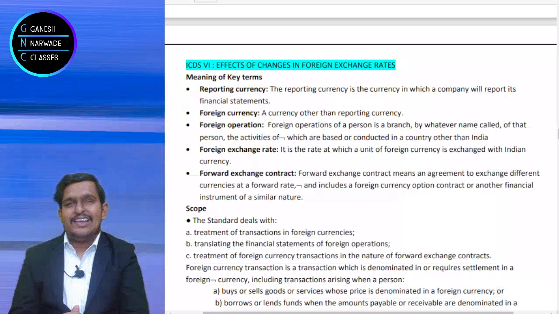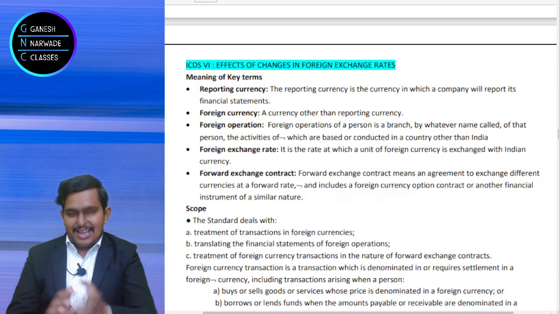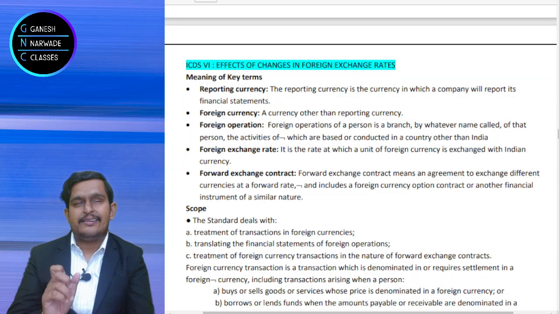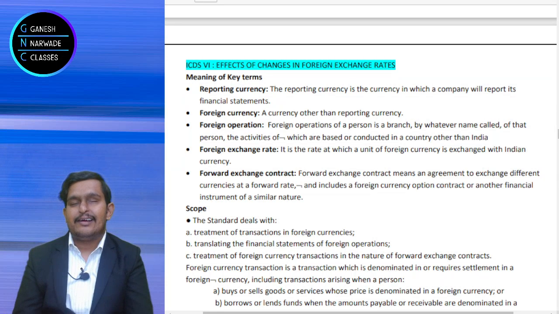Welcome back, and we are going to discuss ICDS 6 on foreign exchange rates. Yes, it is the effect of changes in foreign exchange rate. So why should we study this standard? More than this, it is the toughest standard ever in all the 10 ICDS.